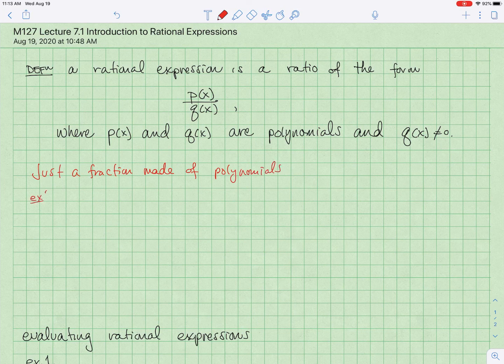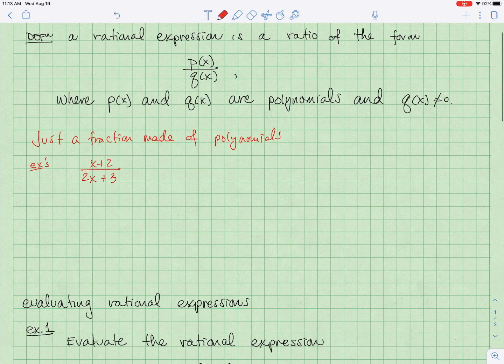Some quick examples might be x plus 2 over 2x plus 3. Or 1 over x is maybe the simplest one you could have there. And it could be pretty complicated: x cubed minus 3x squared plus 1, all divided by x squared plus 2x, right? They can be complicated, they can be simple, but what they all have in common is they are fractions made up of polynomials.